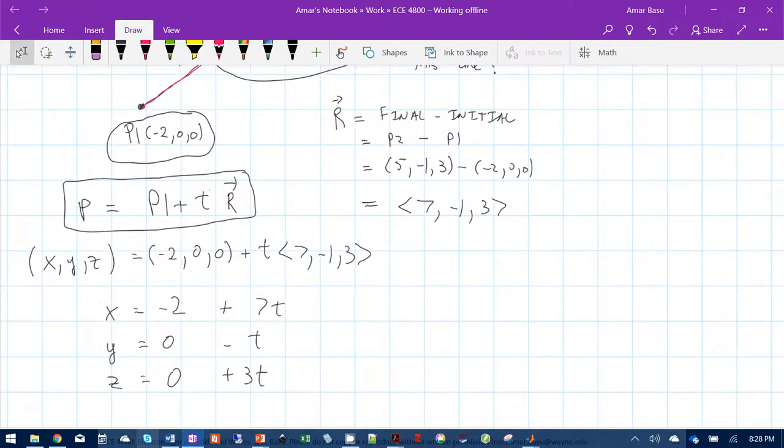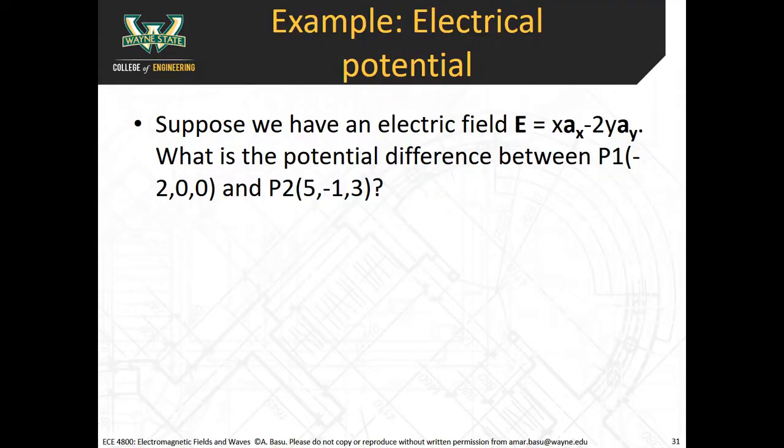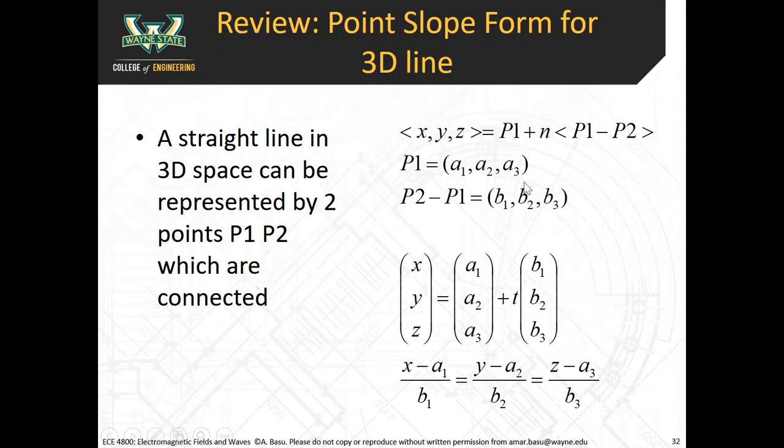The notes give you the formal definition of it: x, y, z is equal to A1, A2, A3. This is your initial point, your P1, plus the parameter t times the vector connecting P1 to P2. So this B1, B2, B3 is the vector going from P1 to P2.